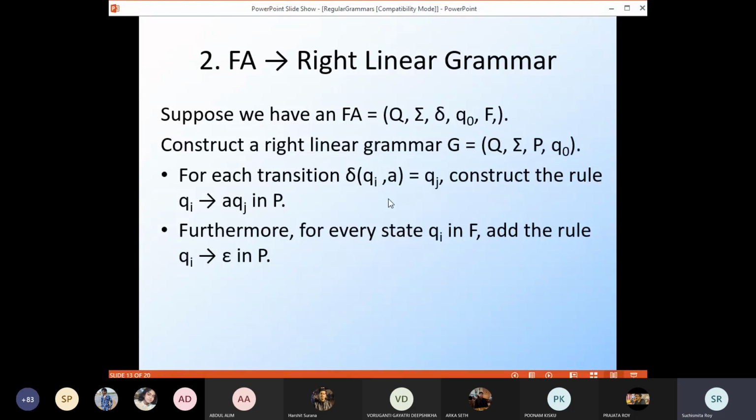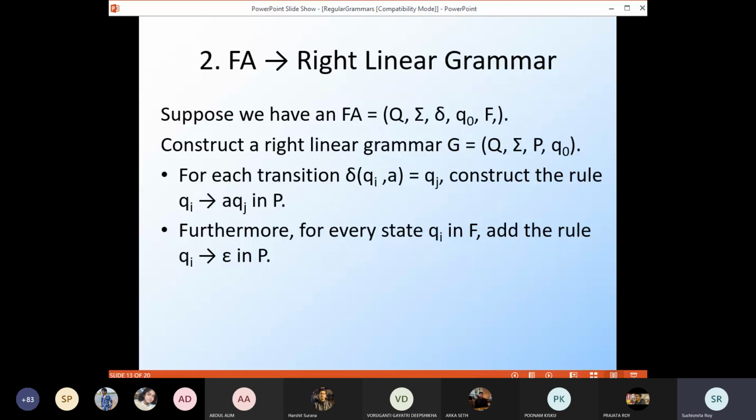If you have a transition from Qi to Qj consuming a, then you construct the rule Qi rewrites to a Qj, that is producing a, Qj. And you add a rule of this form to the set of production rules.